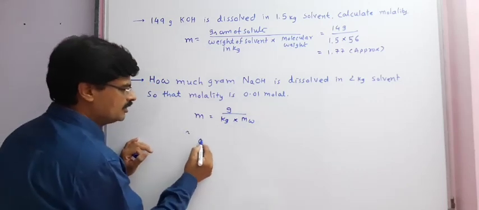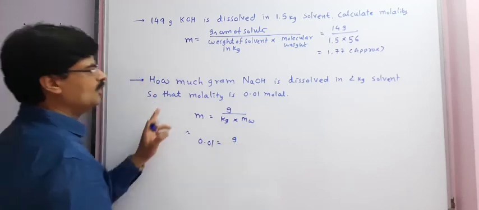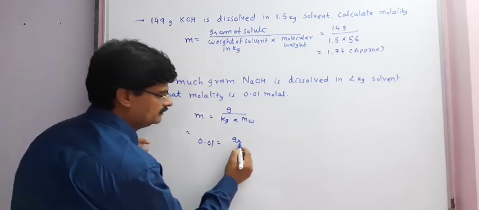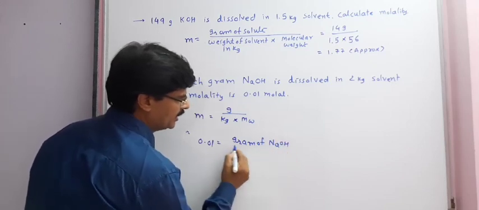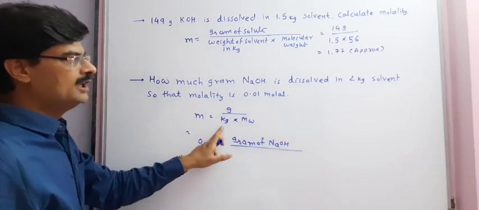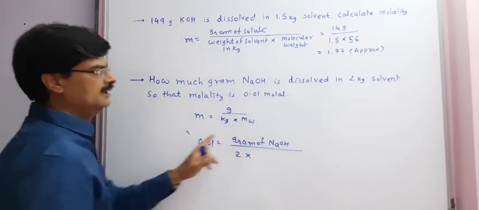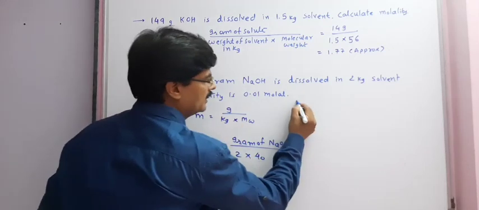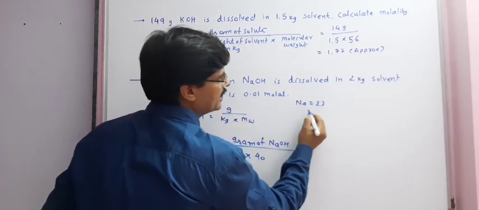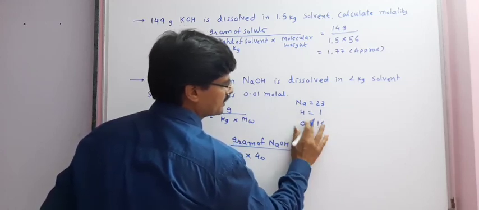Molarity is given 0.01 and gram of NaOH is asked, gram of sodium hydroxide divided by 2 kilogram solvent, and molar mass of NaOH is 40, Na 23, hydrogen 1 and oxygen 16.